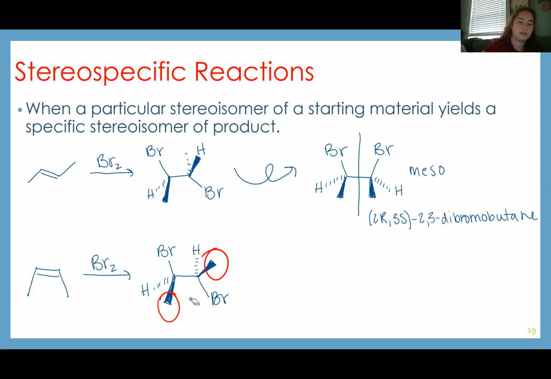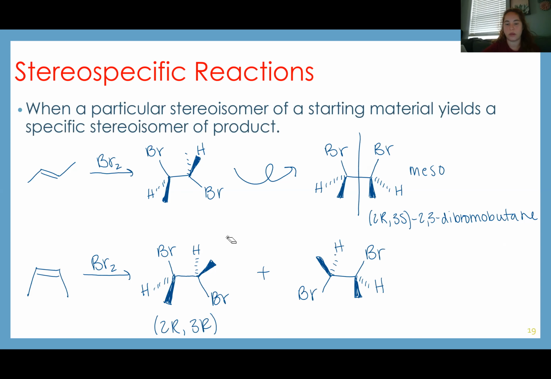But remember, the bromines still have to be trans. So you end up with 2 enantiomers. You end up with one that is 2R, 3R, and 2S, 3S. Does this make sense?